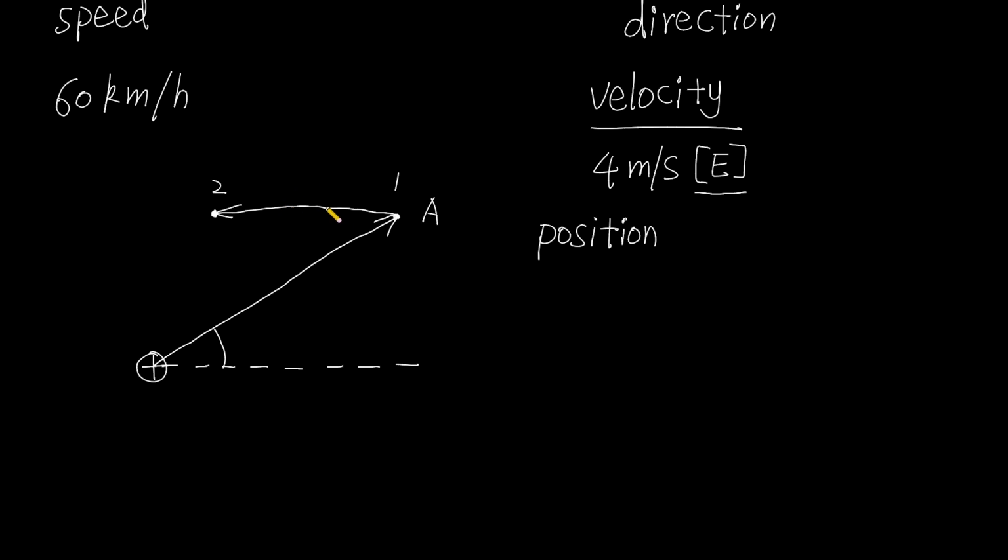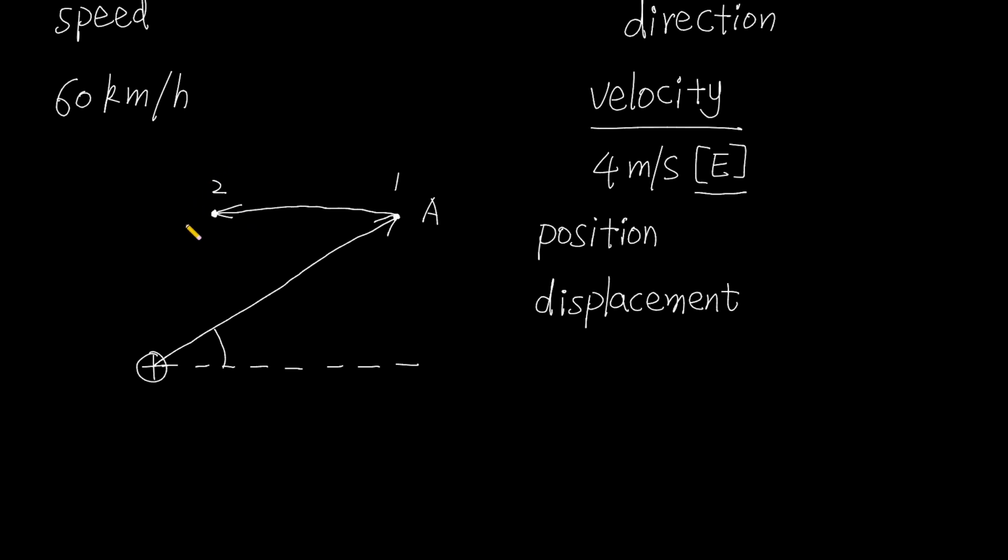This vector just represents the change of object A's position, so we call this vector object A's displacement. So in kinematics, displacement is also a vector. It has magnitude and it has direction.